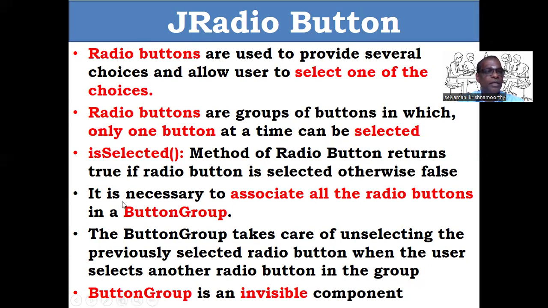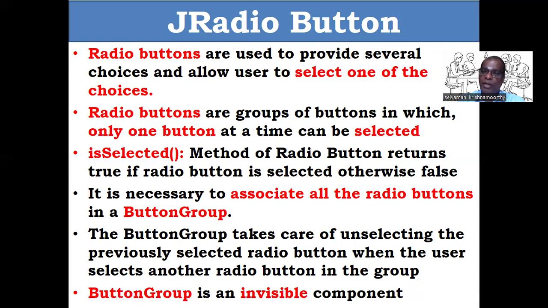See the next statement. It is necessary to associate all radio buttons with a button group. So before proceeding with the radio buttons, we have to create one button group. All radio buttons should be associated with the button group. The button group takes care of unselecting the previously selected radio button when the user selects another radio button in the group.